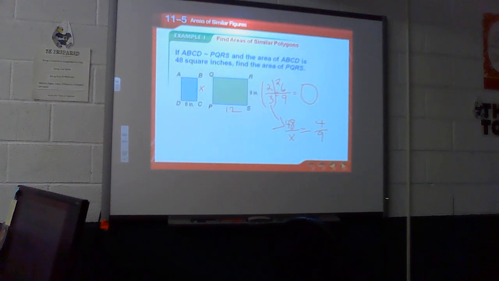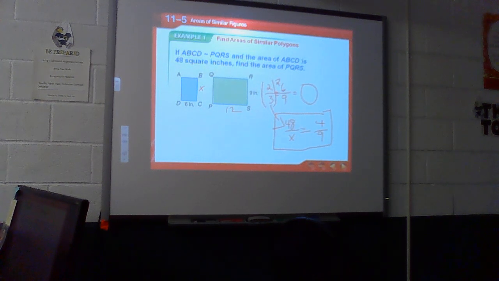And we could have set it up as 6 to 9 as x is to 12. But they're all lengths of the sides of the two rectangles. Here they give us an area, so I have to take this scale factor and convert it into a scale factor that is squared. And that's the difference between what we did previously and what we're going to do in this section. After you figure this part out, what my ratio is, then I just go ahead and do the math, just like what we did before.